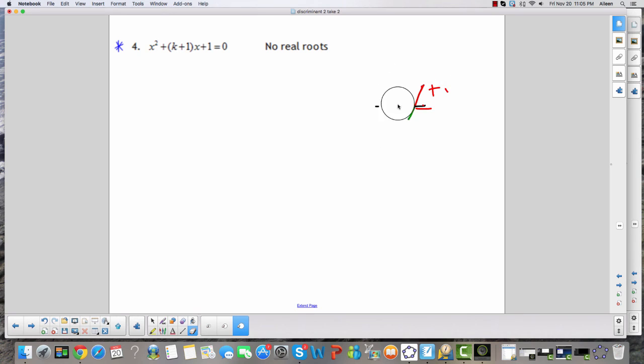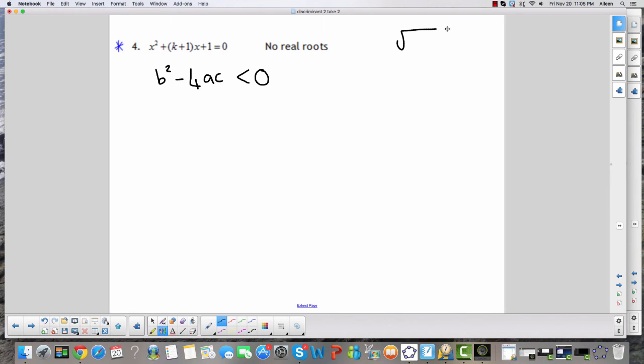Okay, so no real roots. That means that b squared minus 4ac, the discriminant, is negative. In other words, we're looking for a negative number under the square root. And that will yield a flying parabola. Here we have the coefficients a, b, c.